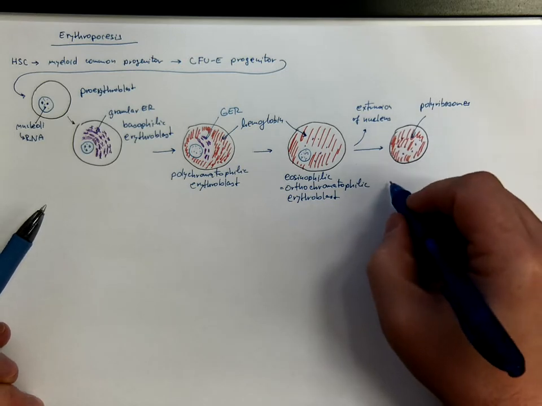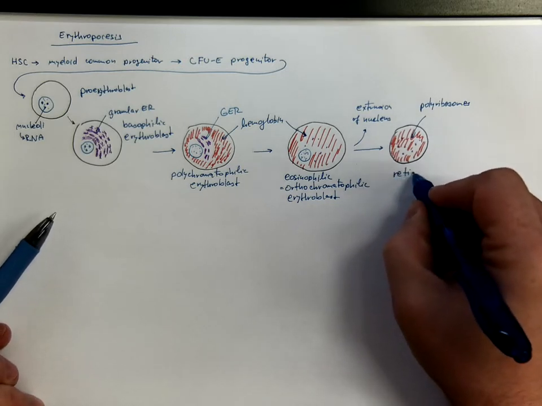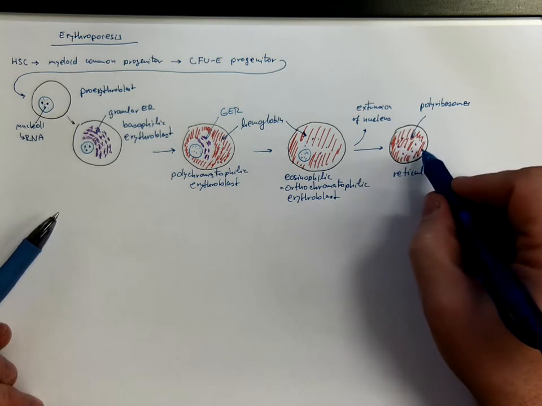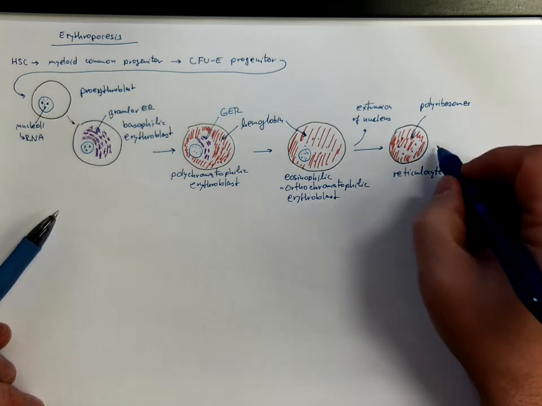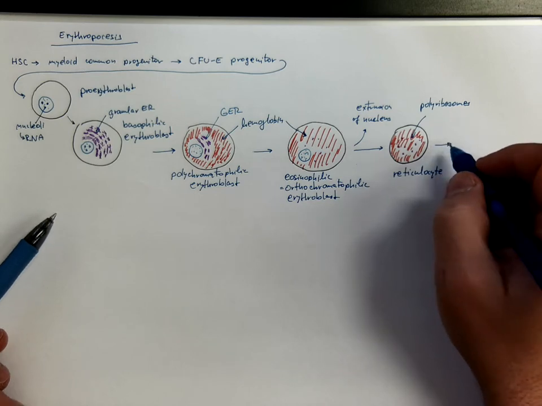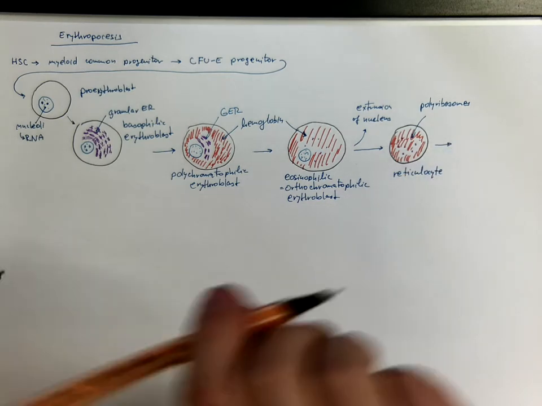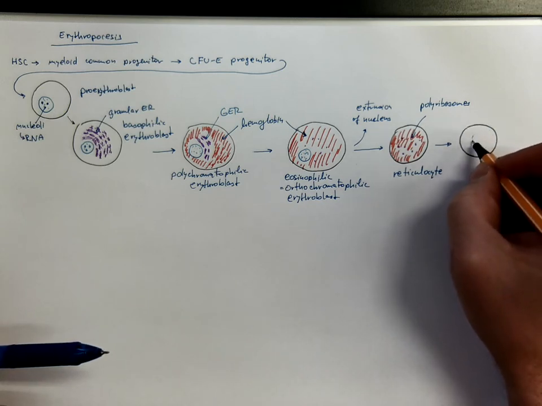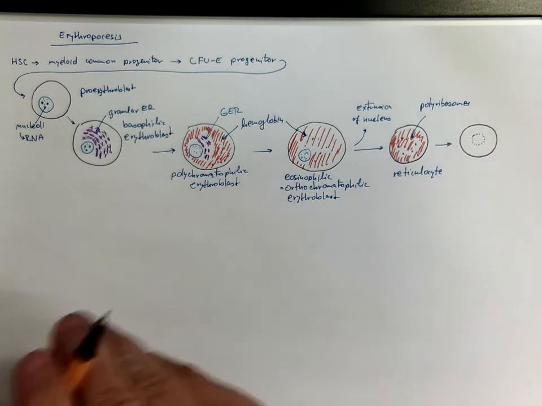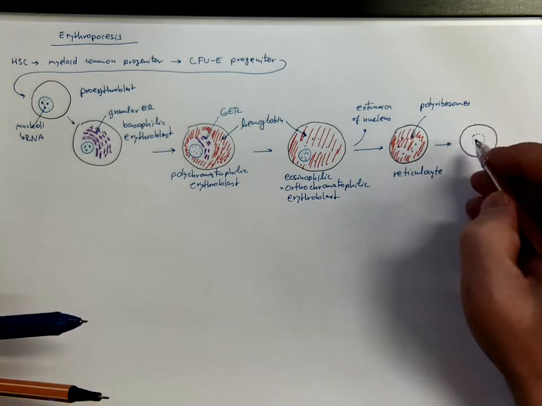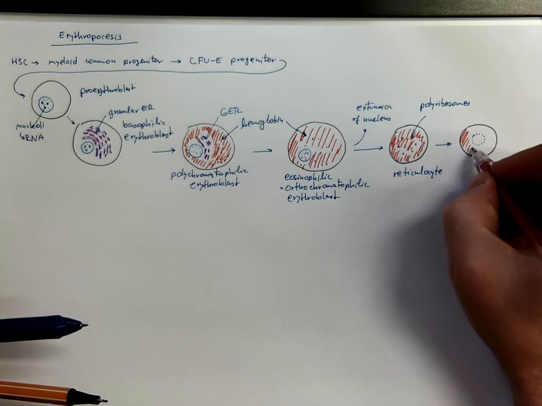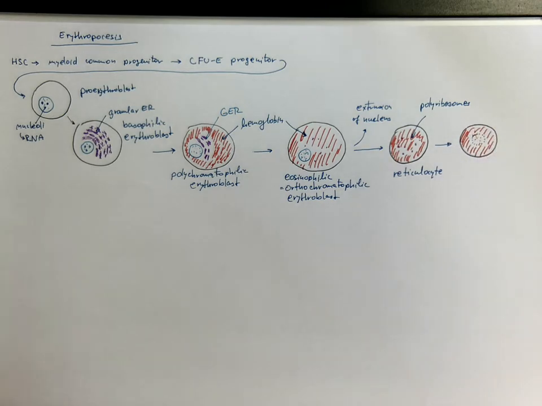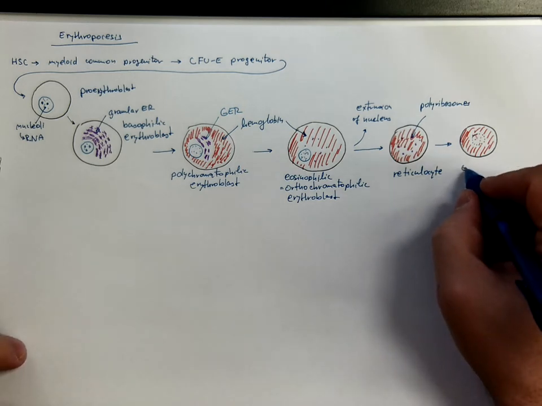And this form is called a reticulocyte. It may already occur in the peripheral blood within certain limits. And it matures into the final red blood cell with its shape of the biconcave disc. Which is called erythrocyte.